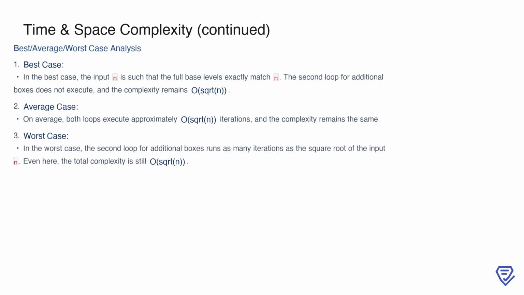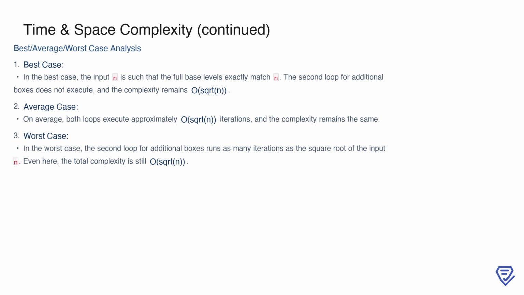Looking at the best, average, and worst-case scenarios for this algorithm, we see that the time complexity remains consistent. In the best case, the input n is such that the full base levels already perfectly match n. In this case, the second loop does not execute at all, and the complexity remains O(sqrt(n)).